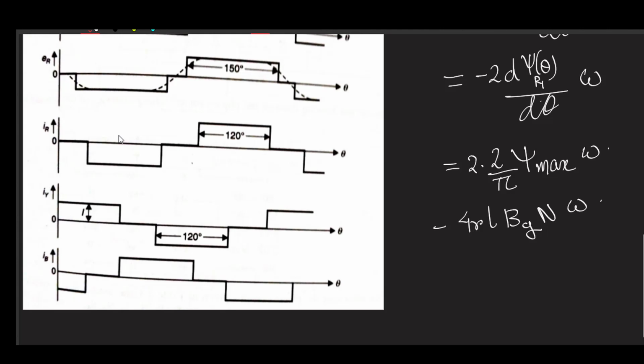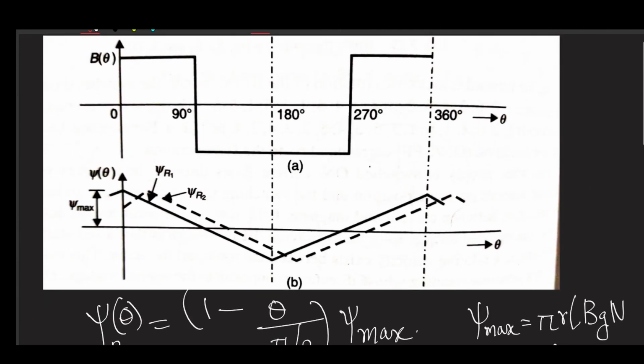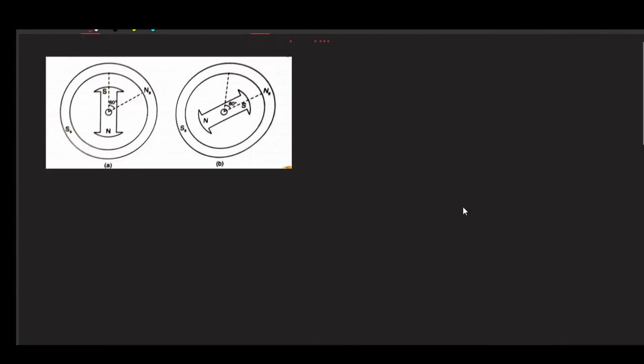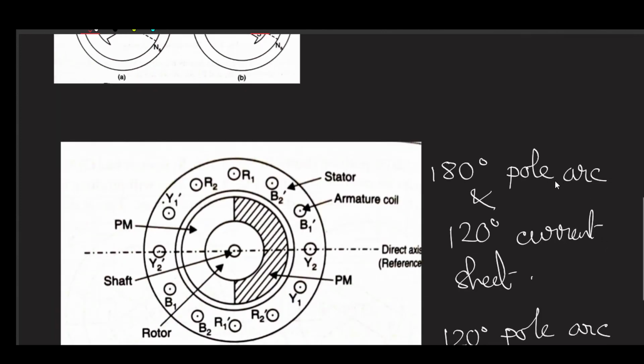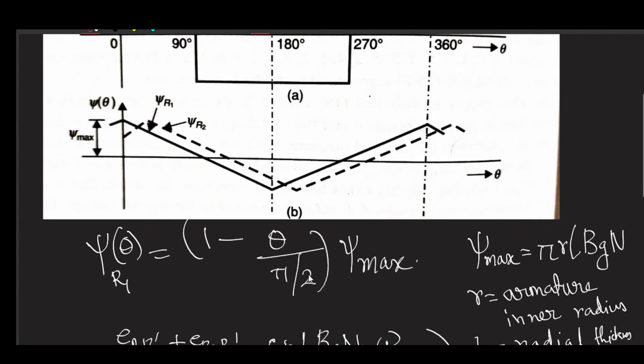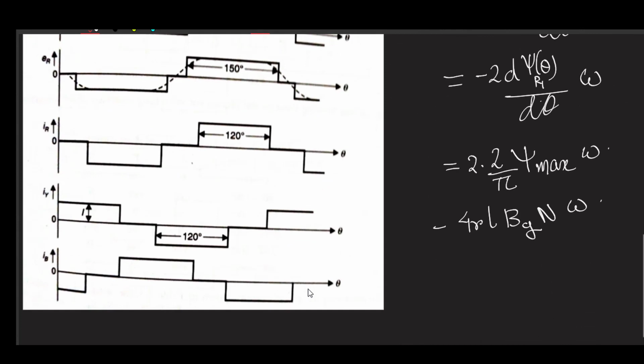We just break the current in this 120-degree mode. This is the first mode, that is 180-degree pole arc and 120-degree current sheet. Next we will see 120-degree pole arc and 180-degree current sheet.